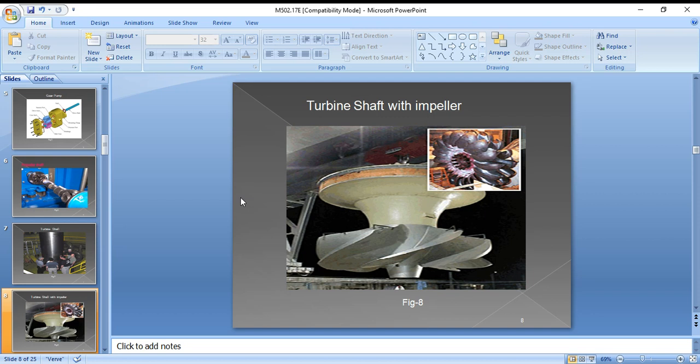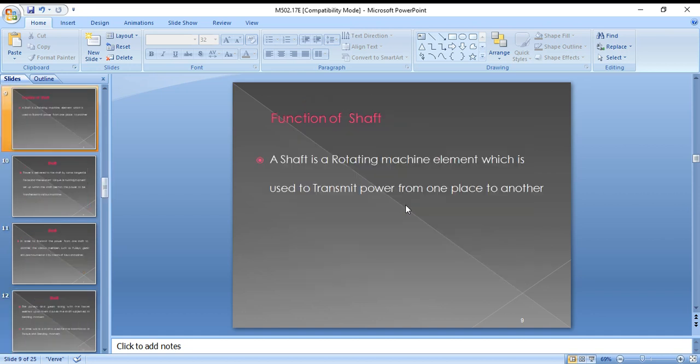The propeller is connected to the shaft, so the shaft moves, and the generator generates the power. The shaft is connected to the generator, and in the generator power is generated. It is generally used in power plants, hydraulic power plants. So we use the turbine shaft.